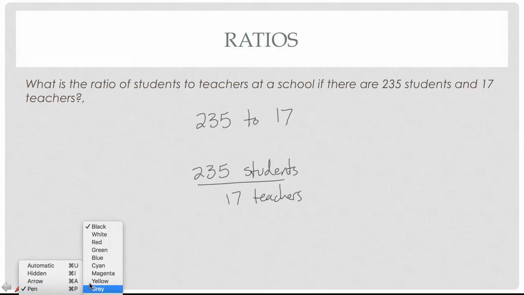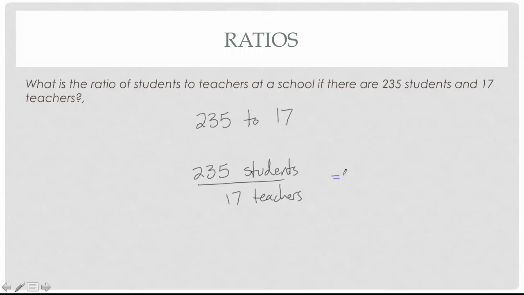Now, if I really wanted to have fun, I could then turn that into a rate by dividing them. If I take 235 divided by 17, I can turn my ratio into a rate. There are 13.8, I'm going to round it to one decimal place. That's 235 divided by 17.